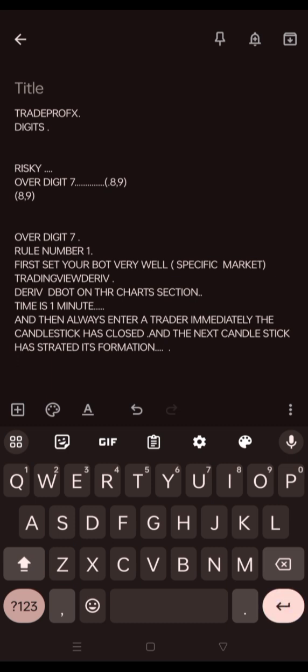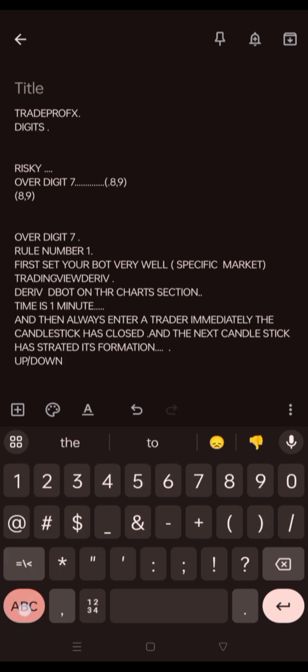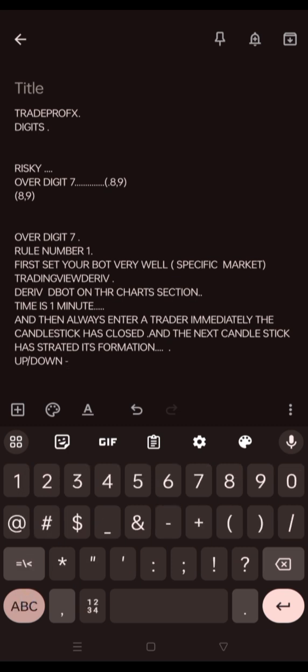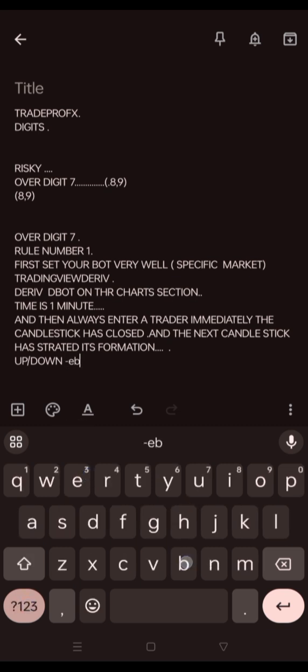So as it moves either up or down, this is the area we are to focus. We will already have entered within the beginning of that candlestick. So this is the specific entry point.